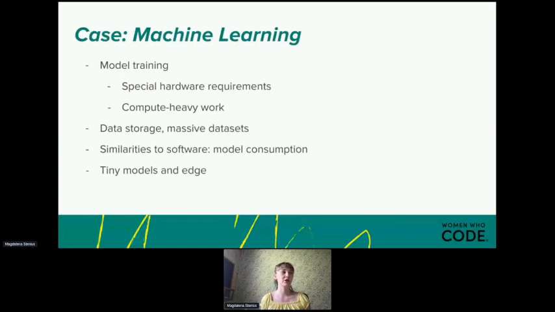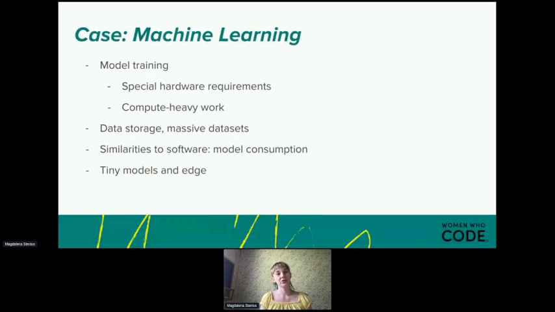There are also special hardware requirements for machine learning model training. One of the examples is that you often will use graphic cards, so GPUs. This is not hardware that is always available in regular computers. Another thing that makes machine learning a special case in green software is the topic of data: data storage and the massive data sets being used in model training.